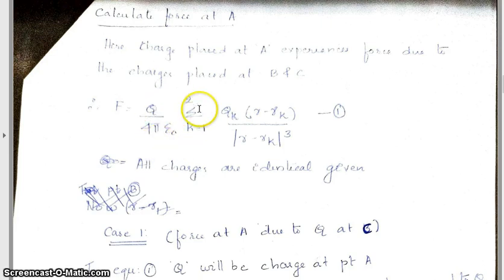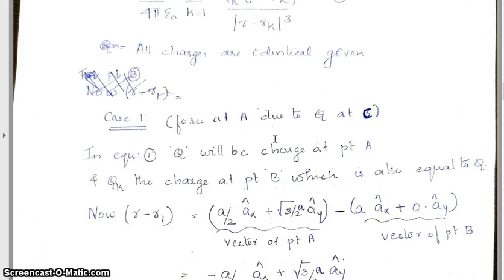Q by 4 pi epsilon 0 sigma K equal to 1 to 2 QK R minus RK by R minus RK the whole cube. Now I am going to find out the force at A due to Q at C. Okay, I am going to find out what is the force acting on A due to the charge placed at C. So here we have to find the position vector R minus R1.